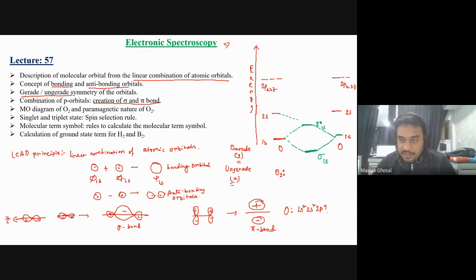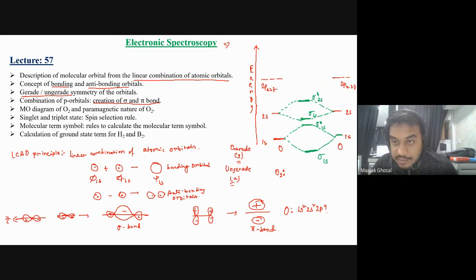Similarly, for 2s, like this. So this is sigma 2s and this is sigma star 2s. Same for 1s and 2s. So two s orbitals are overlapping, they will create one bonding orbital and one antibonding.